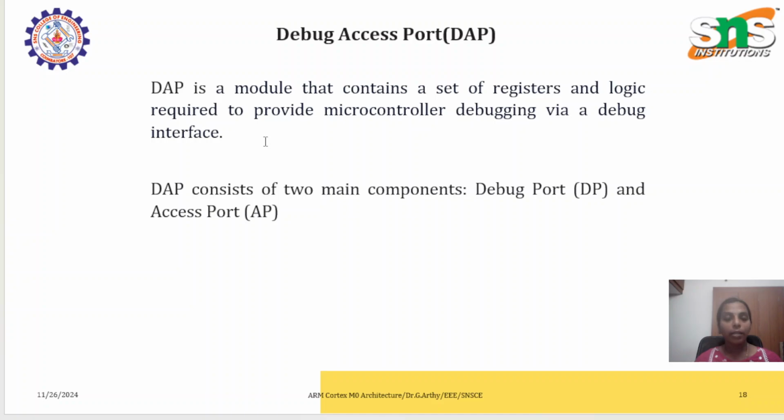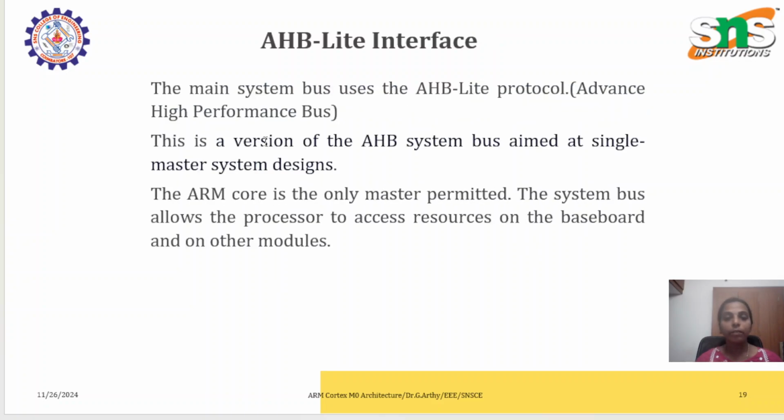Then the debug access port is a module that contains a set of registers and logic required to provide microcontroller debugging via the debug interface. It has two main components, the debug port and the access port. This is connected to the external world through JTAG. This is the main system bus, the AHB-Lite interface, that is, the advanced high performance bus.